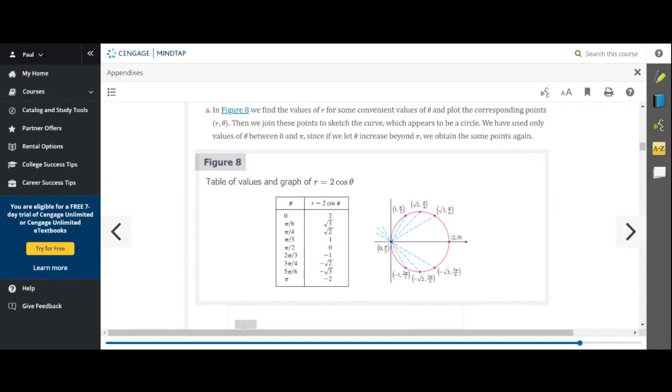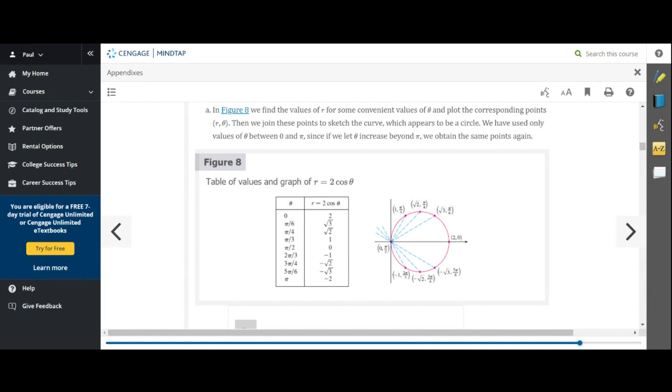Now what they do is they go into higher angles. So 2 times pi over 3, that's the next angle. That's 2 times 60 degrees, 120 degrees. But the cosine of 120 degrees is equal to -1/2. 2 times -1/2 is -1.